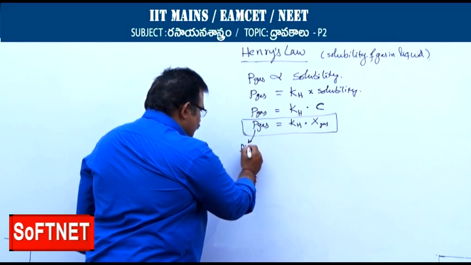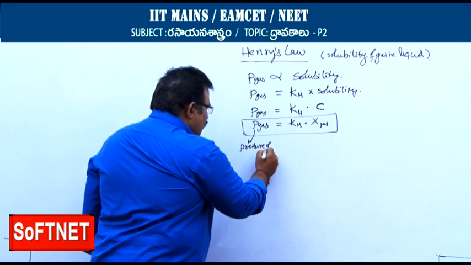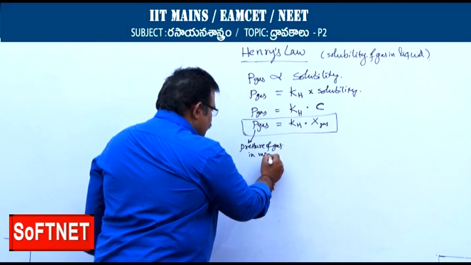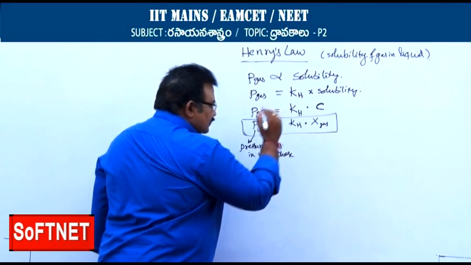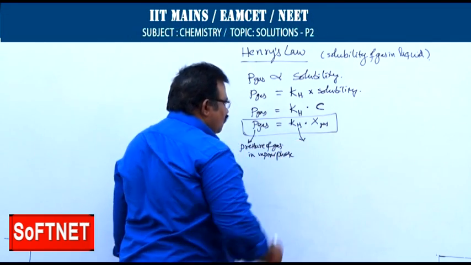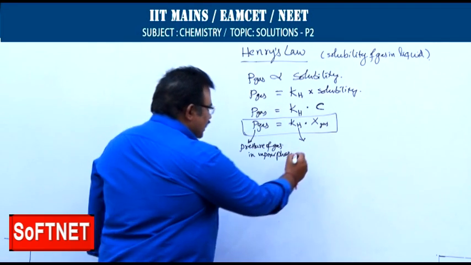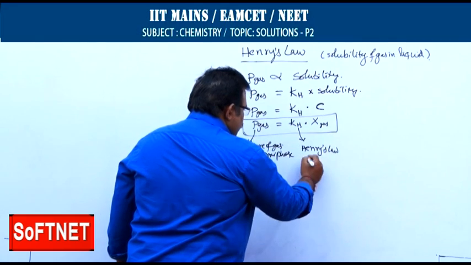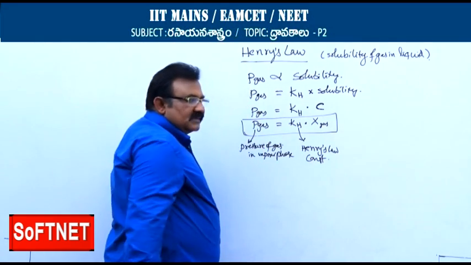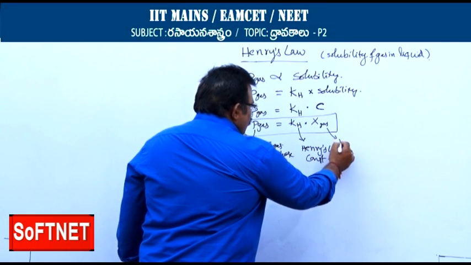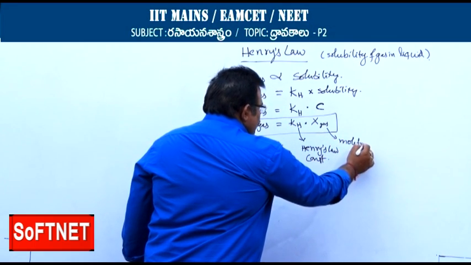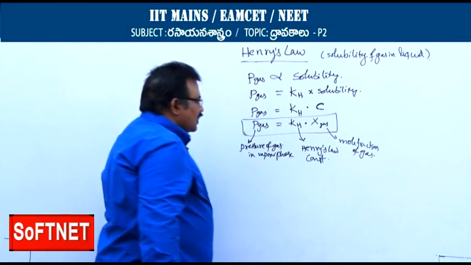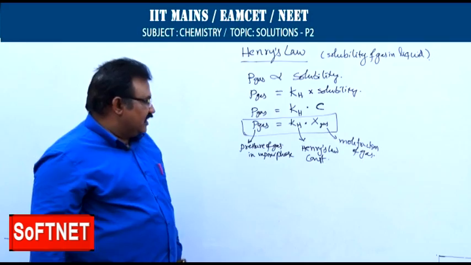P gas means pressure of gas in vapor phase. kH is Henry's law constant. This is the mole fraction of gas in the given amount of liquid.